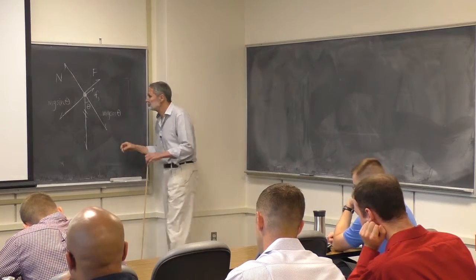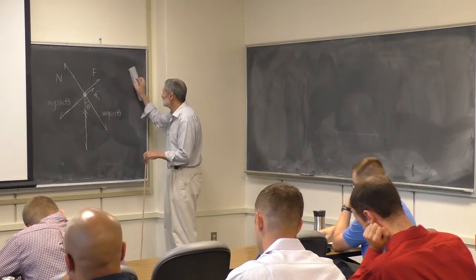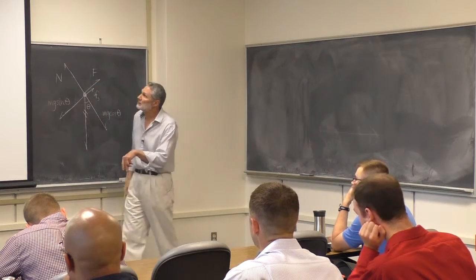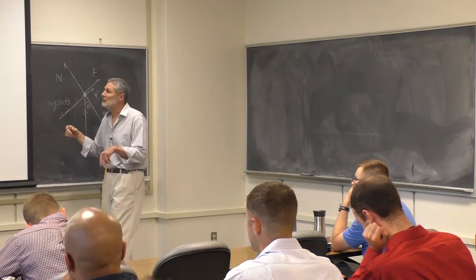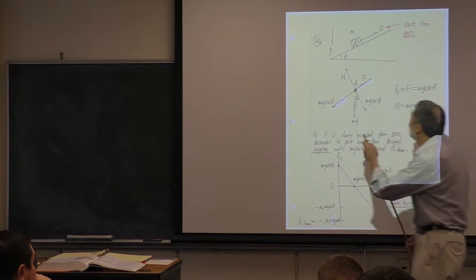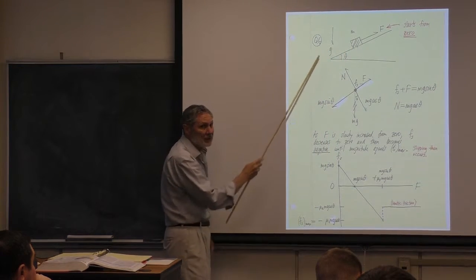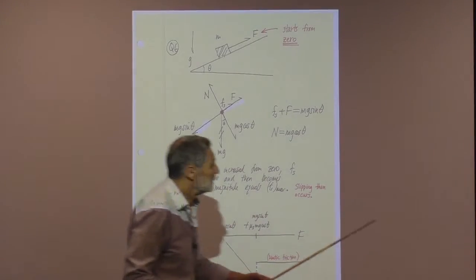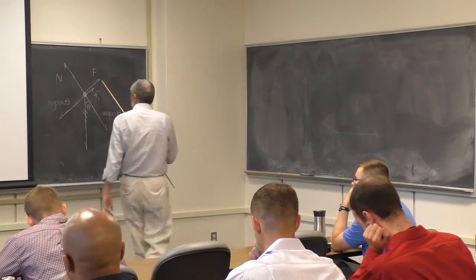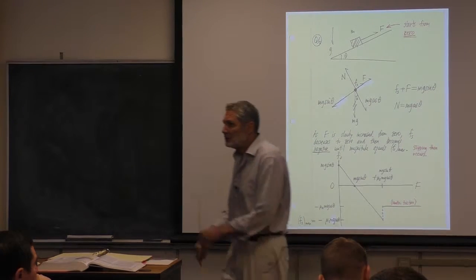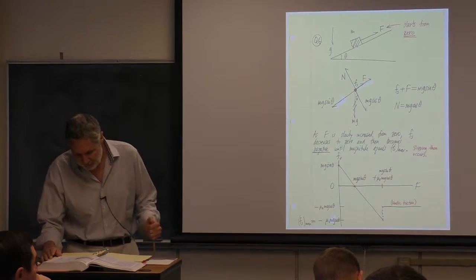You don't have to do this, but I think it can help. So there's two forces that are together preventing the block from sliding down the ramp here. There's the applied force and the static frictional force. So what happens if we start with the applied force equal to 0?